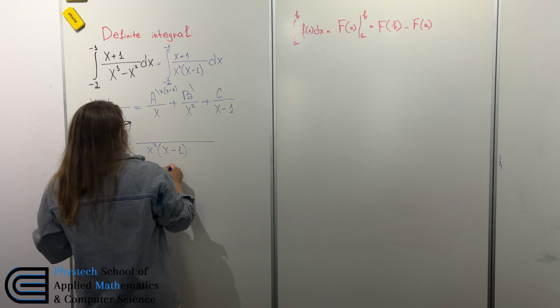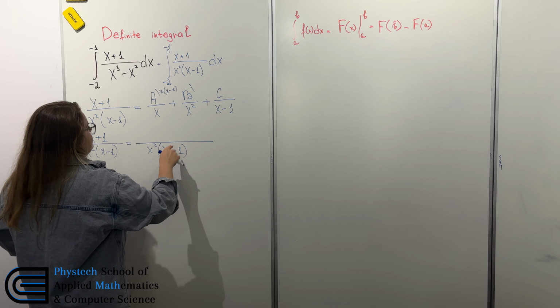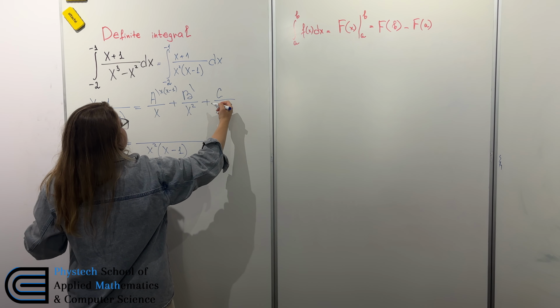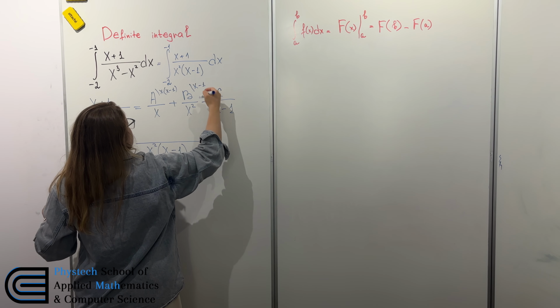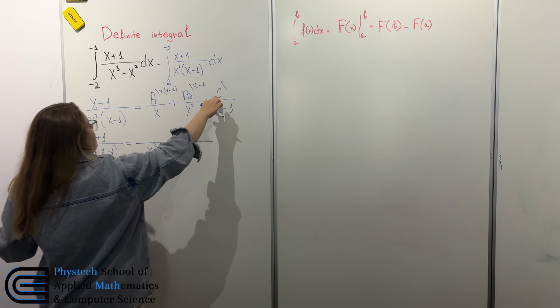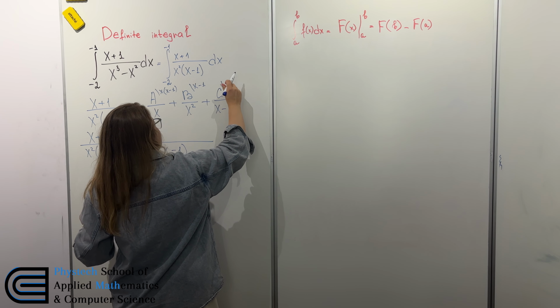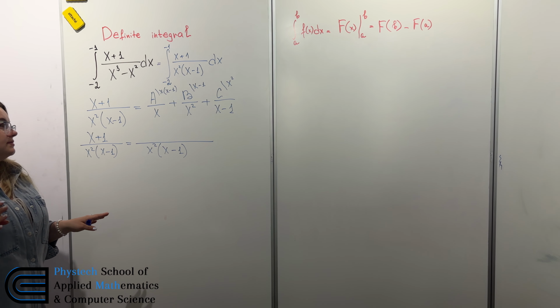Our b, to obtain this denominator, we have to multiply by x minus 1 only, and our c we have to multiply by x squared.